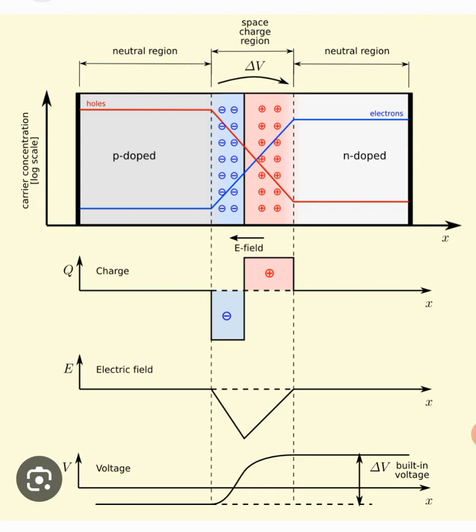It means holes try to migrate to the N type region and electrons try to migrate to the P type region. So this process is called the diffusion process.